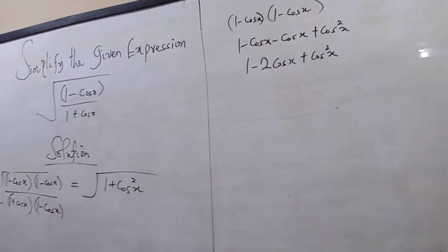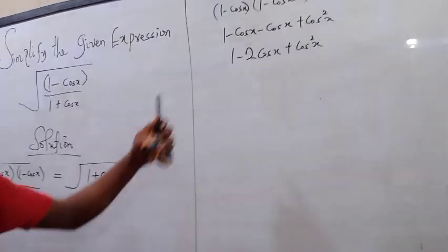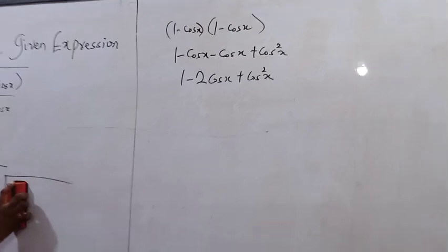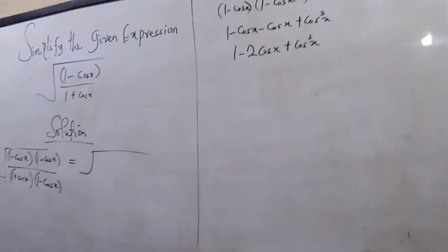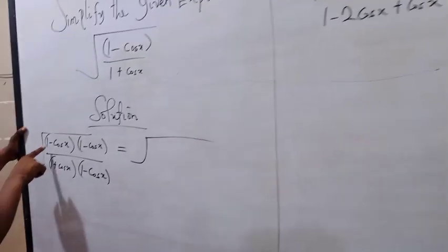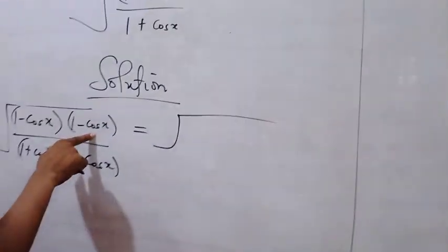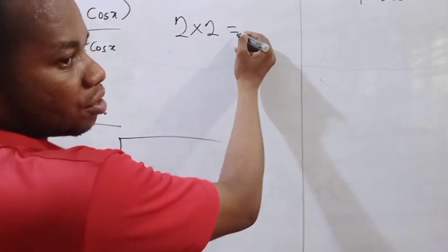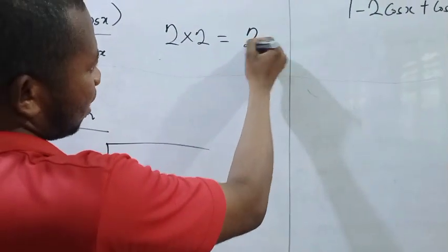But if we start dealing with this this way, we're going to have issues. So the best thing to do is to put it inside a bracket. This multiplied by itself is just like saying 2 multiplied by 2 gives us 2 squared.